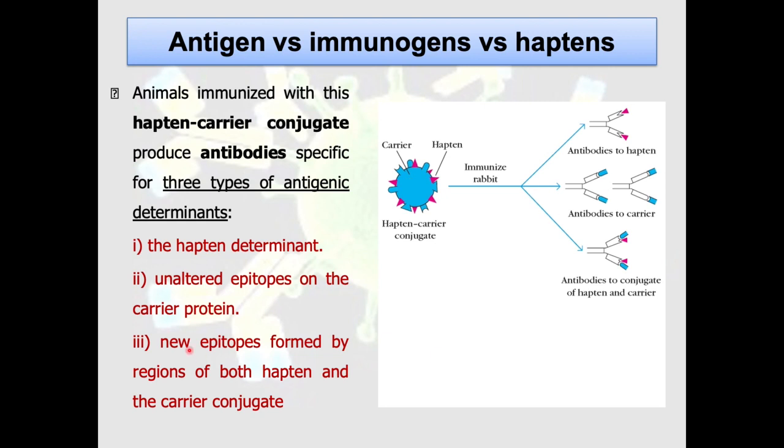The third one is new epitopes formed by regions of both hapten and carrier conjugates. So the last one is the antibody that can recognize both hapten and carrier. Okay, so when we inject this hapten carrier conjugate, the rabbit naturally can produce these three types of antibodies based on the antigenic determinants.